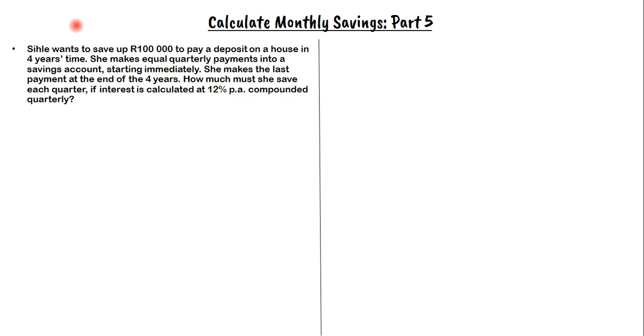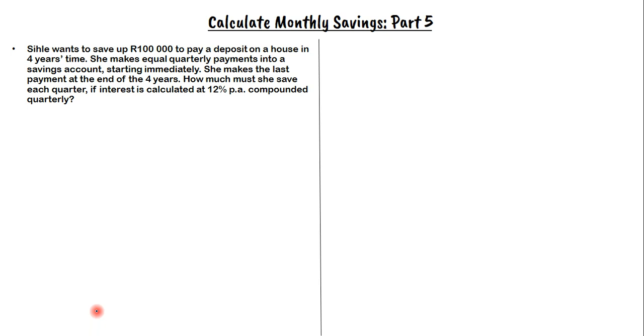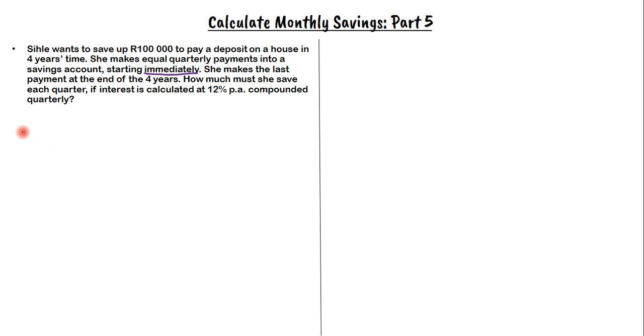All right. Now, here, to understand what is happening, we have to basically see it in a timeline, because that's another thing that helps us to understand, especially when we have things like immediately. So now here, let's say Sihle decides to save up so that she can have this 100,000 at the end of 4 years' time.